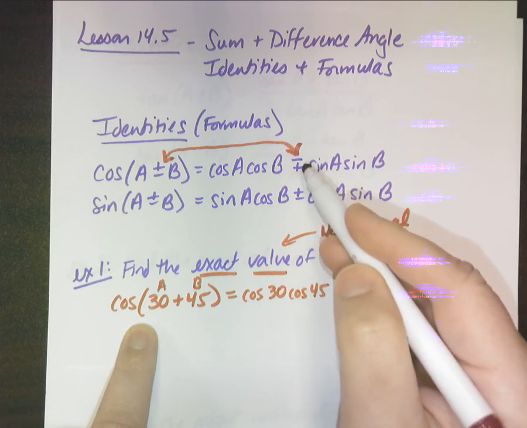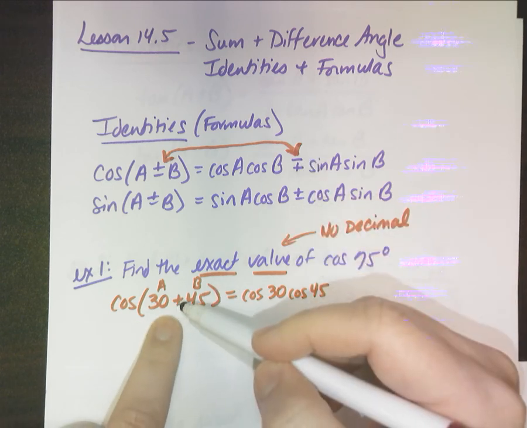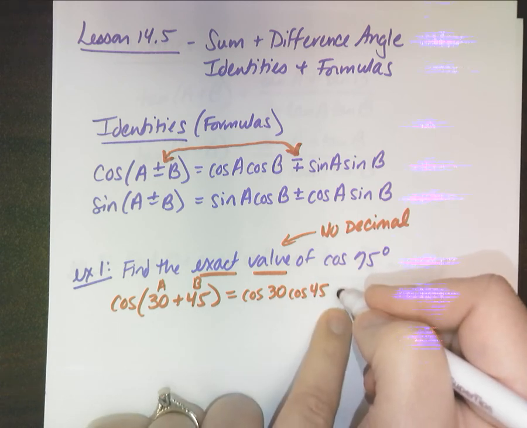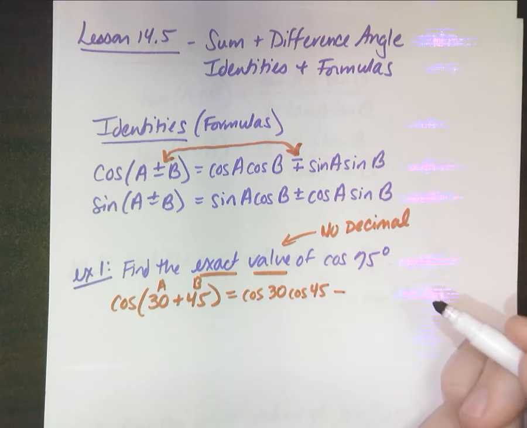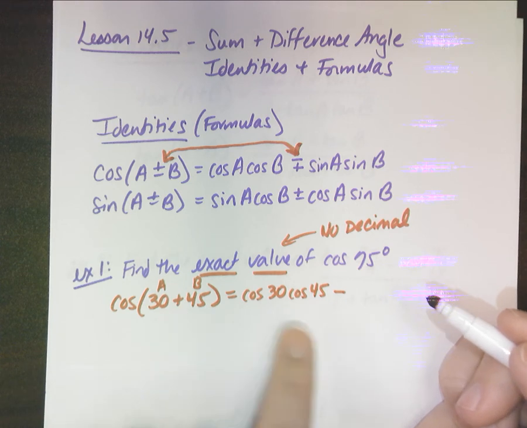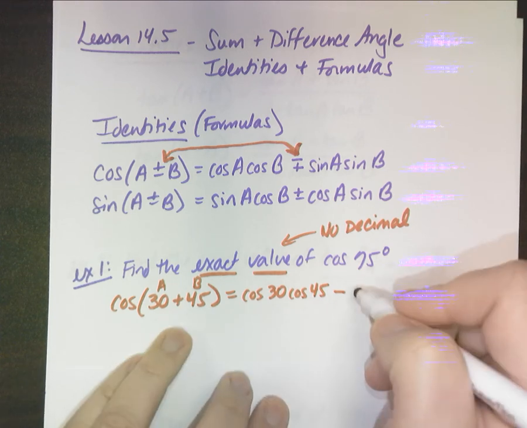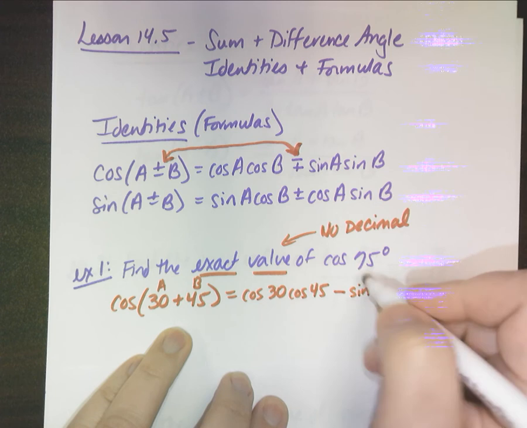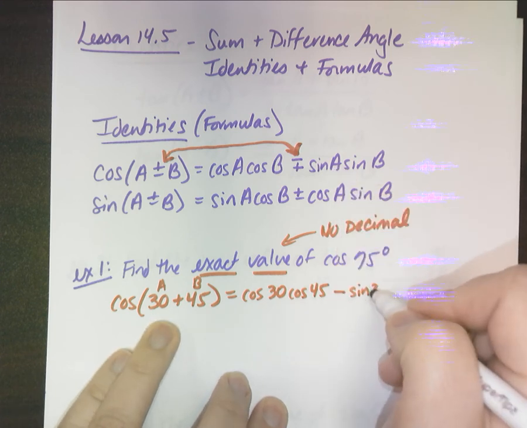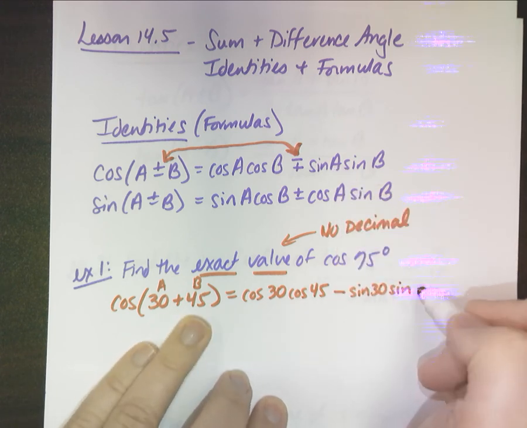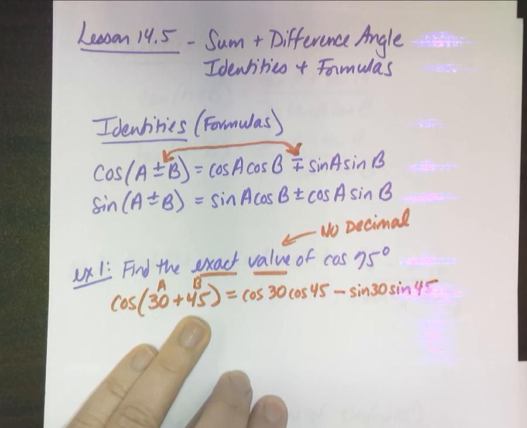What does that mean? If this is a plus, then the sign in the middle is now going to be minus. That's all that means. You just switch it. If this was a minus, that'd be a plus. Then write sine of your A, which is 30, and sine of your B, which is 45.